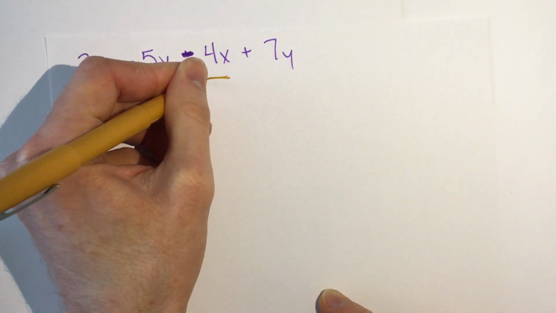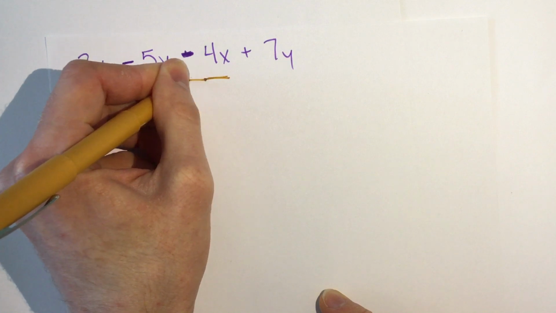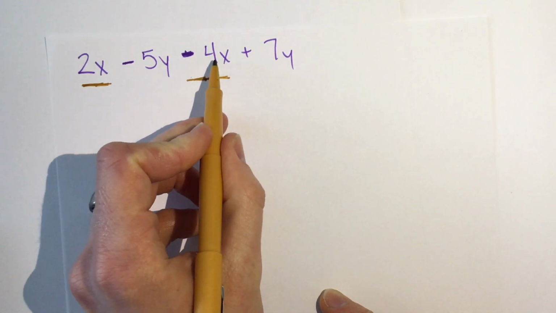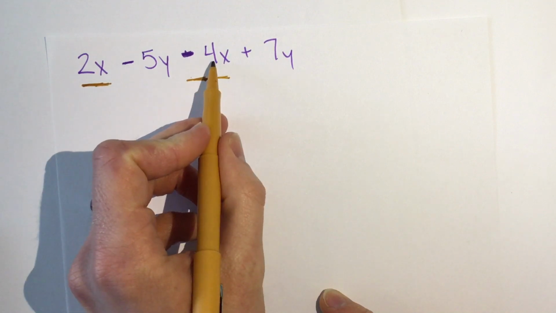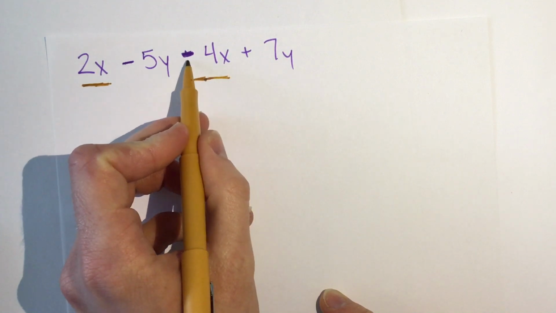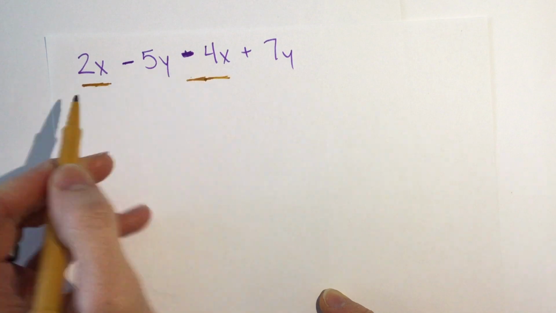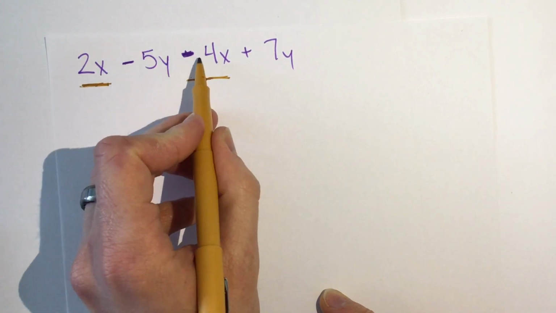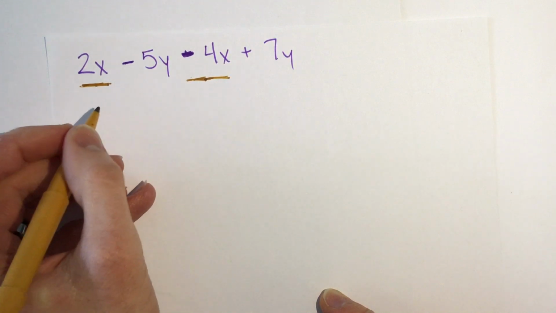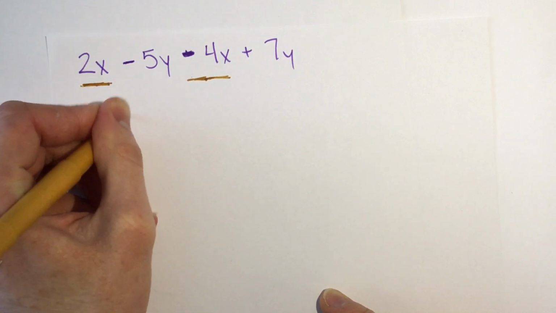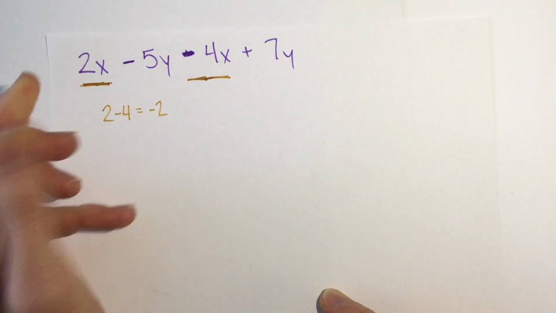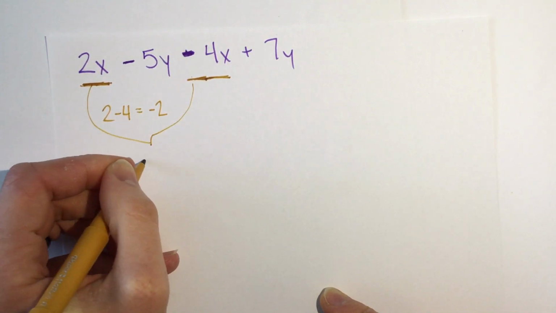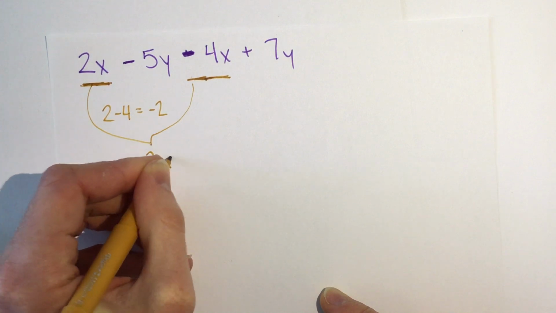But notice that this is minus 4x. What we need to do is always look at the sign to the left of our term to know whether it's positive or negative. Since this is minus 4x, this is saying 2x minus 4x, or 2 minus 4. 2 minus 4 is negative 2. So that means these two combine to make negative 2x.